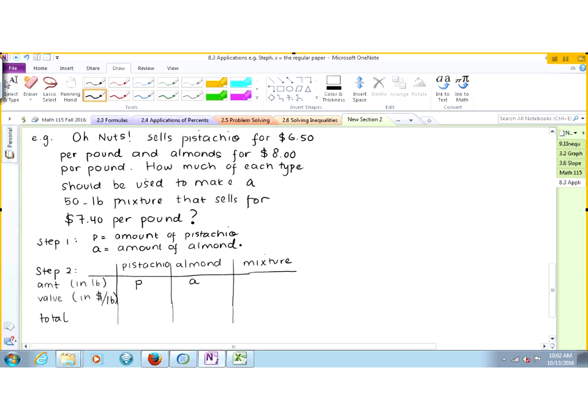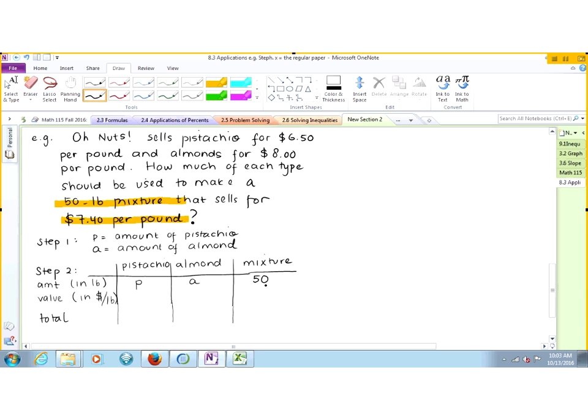How about the mixture? Do I know how much mixture I want to make? How many pounds? I have a 50-pound mixture that sells for $7.40 per pound. So for the mixture, I know the number of pounds, and that is 50. Are we okay so far?